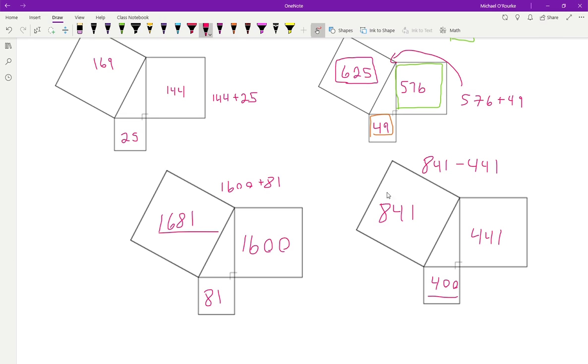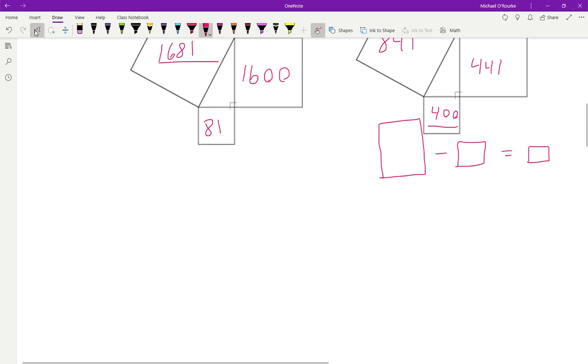So when you're trying to get a small square, you take the big square minus off a small square to equal another small square. Okay? Good. Let's try one more of those, and then we'll take another leap of faith.